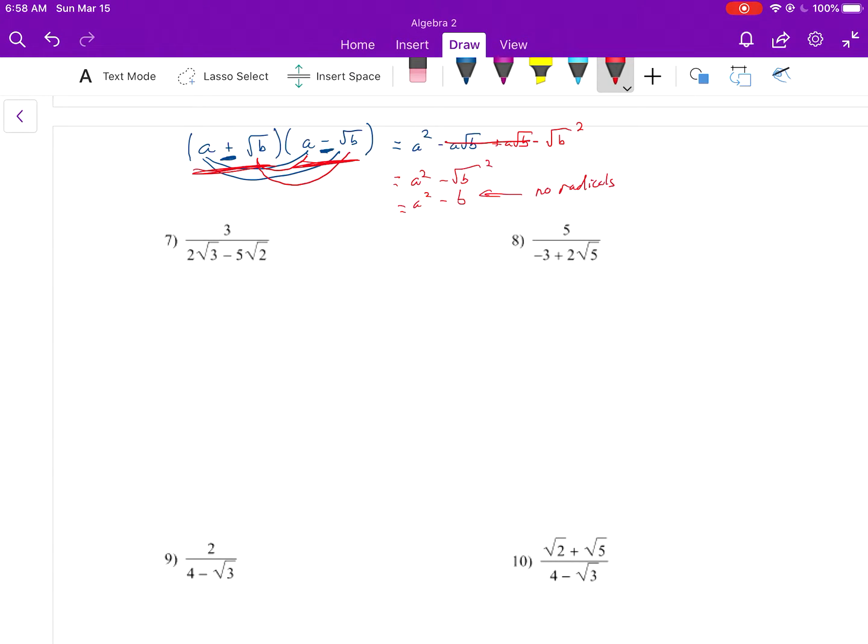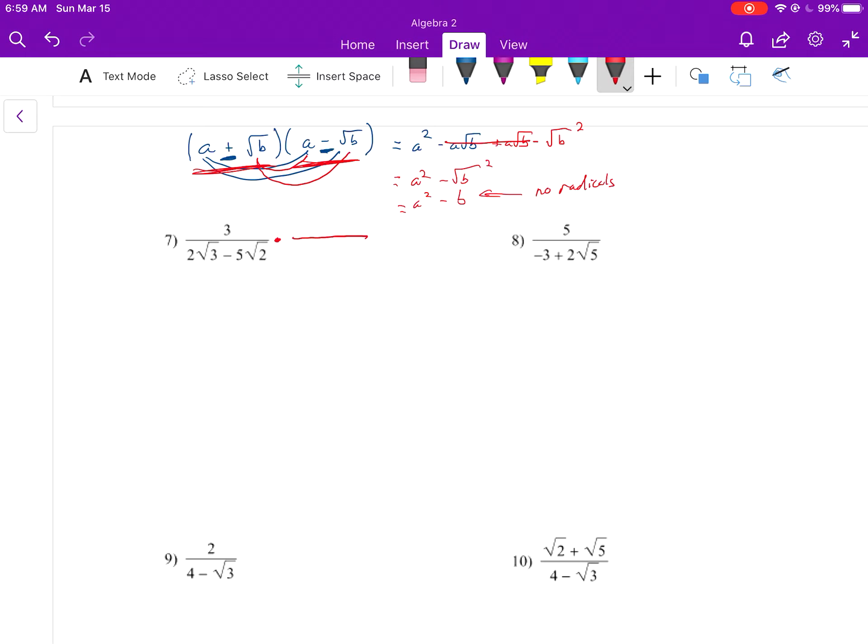And that's what we're going to use to help us simplify 7, actually the rest of this page, but right now we'll look at 7 through 9. So what we're going to do here, we can't do any simplifying to start with, so we're going to multiply by a special form of 1. That form of 1 is going to be the conjugate of the denominator.